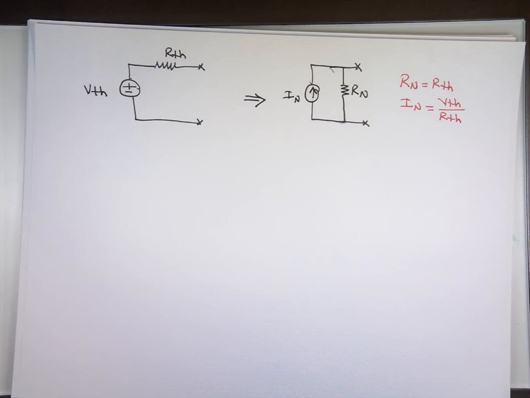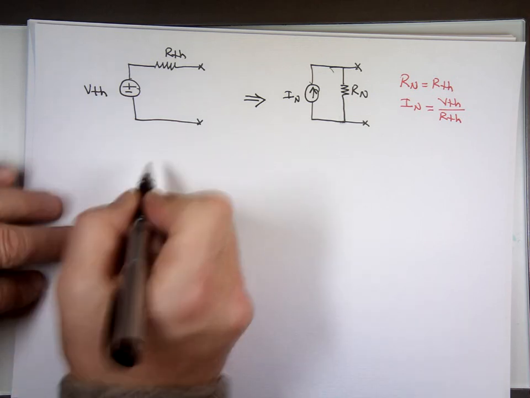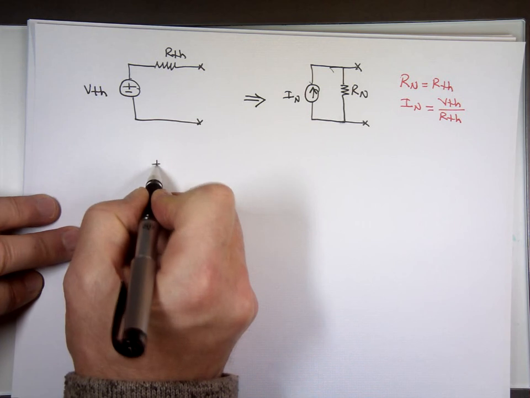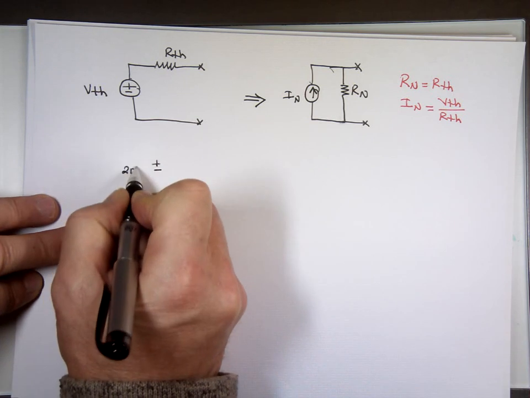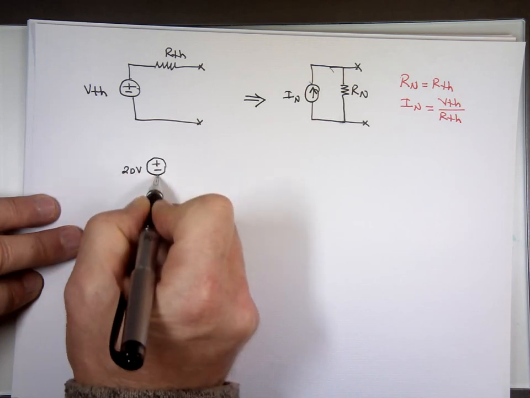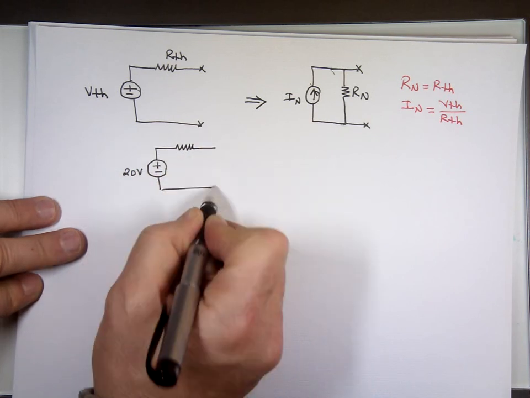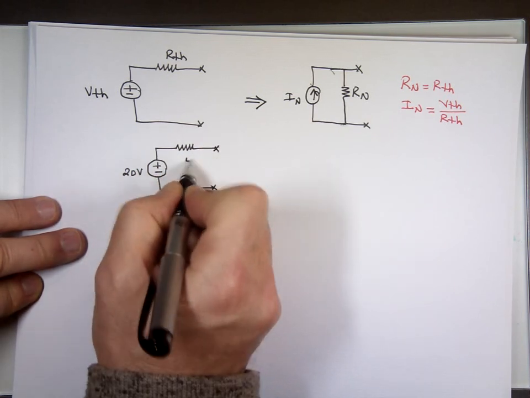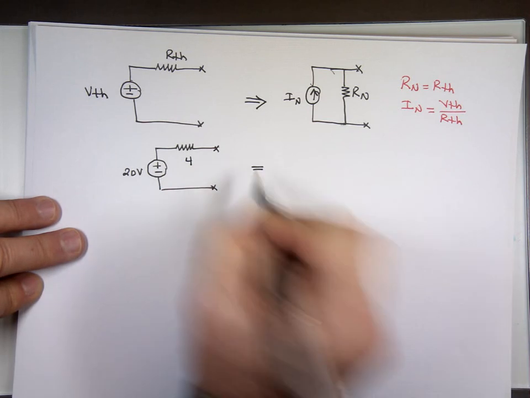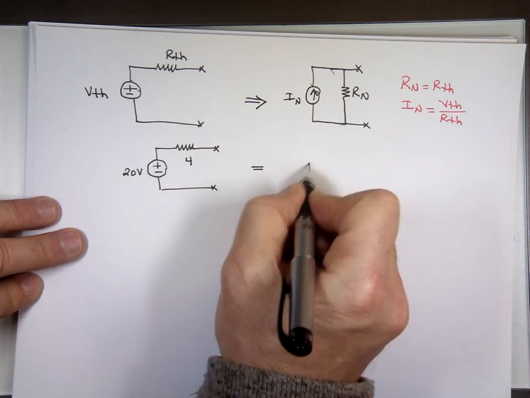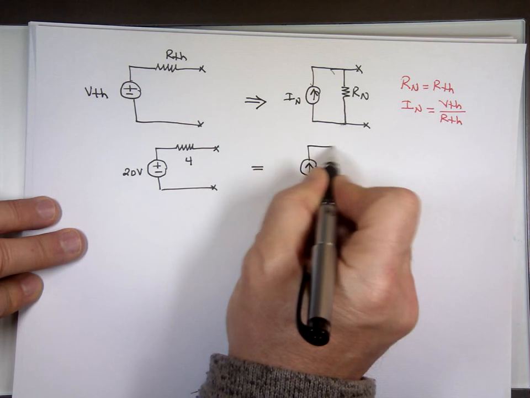Here's a quick example. If I have a Thevenin equivalent of 20 volts here, in series with 4 ohms, I can replace that with the current source in parallel with the resistor.